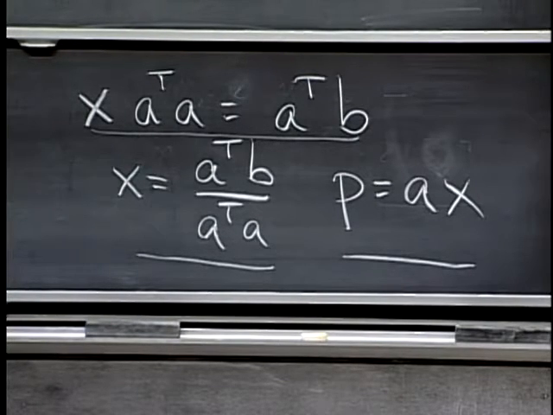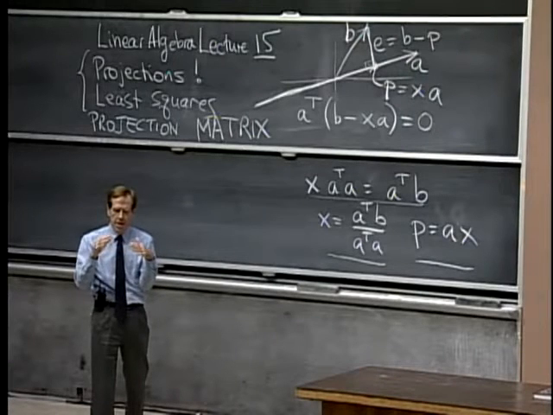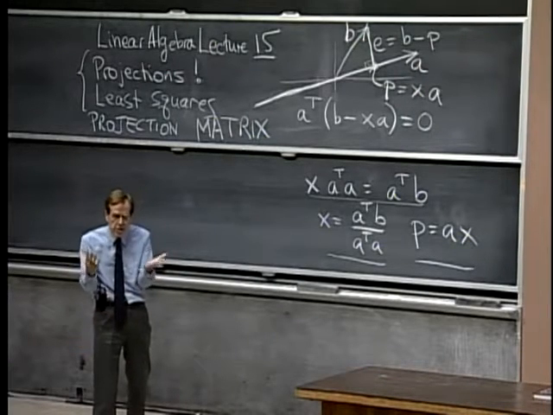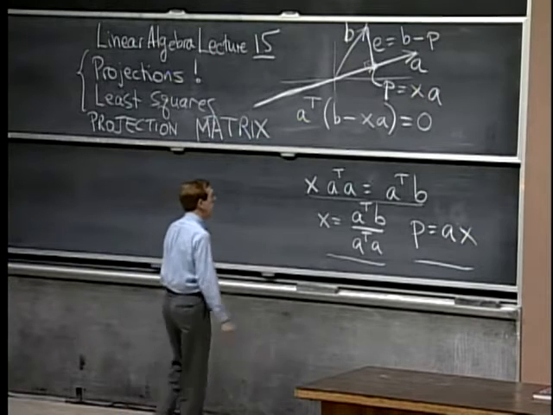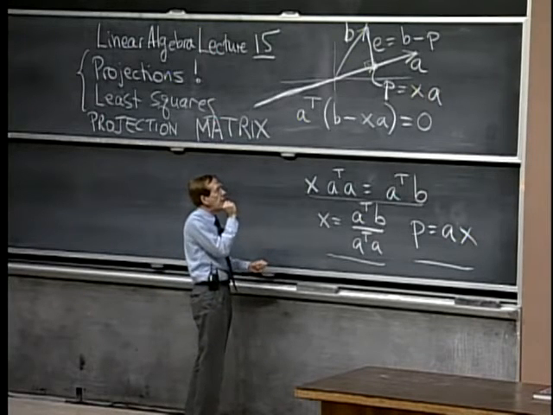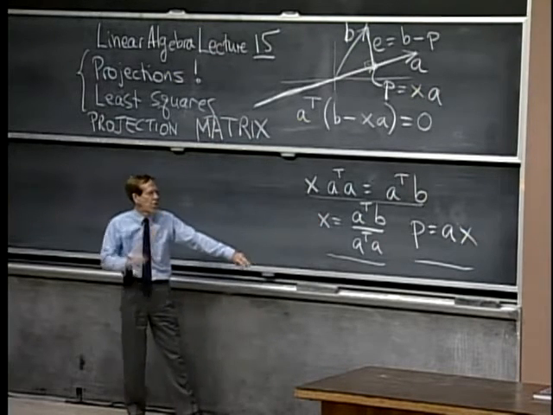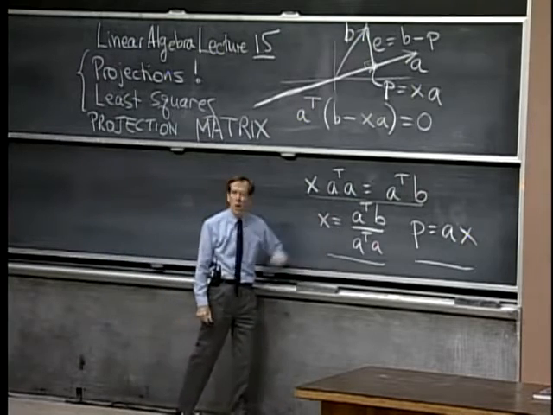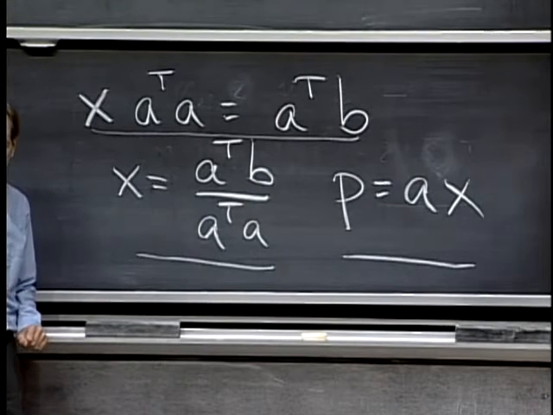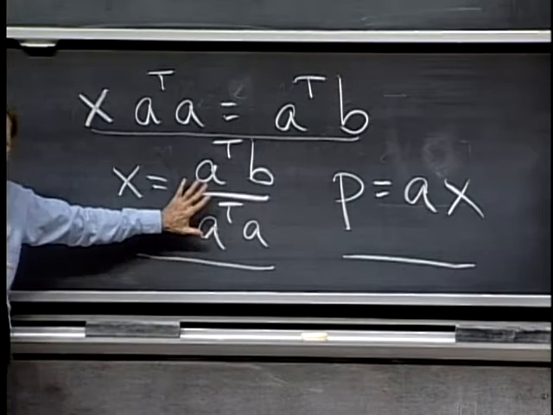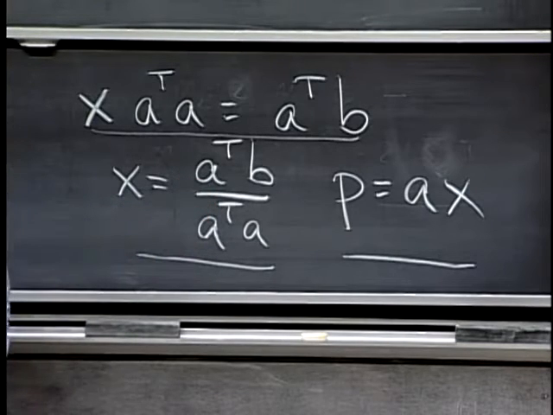One more, like, lift it up into linear algebra, into matrices. Here's the last thing I want to do, but don't forget those formulas. A transpose B over A transpose A. Actually, let's look at that for a moment first.